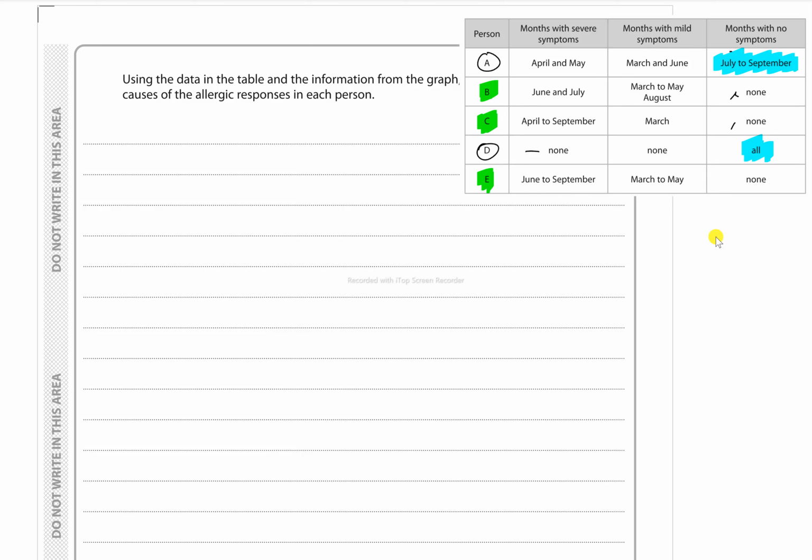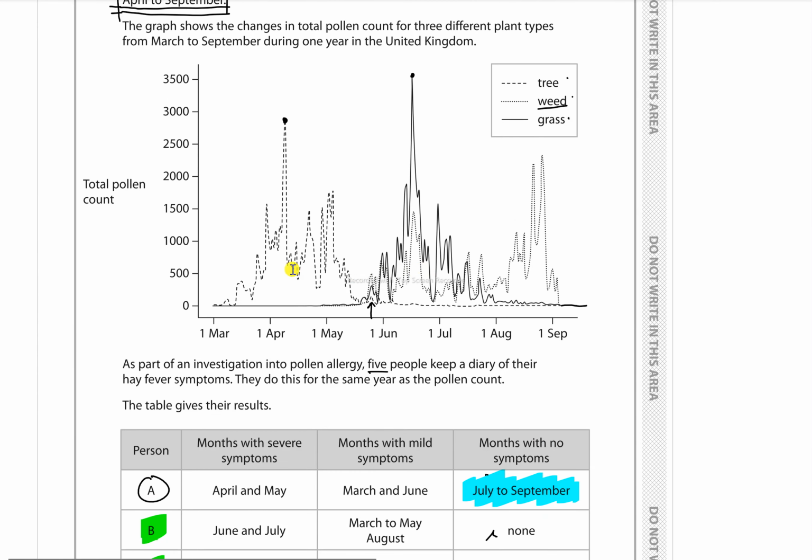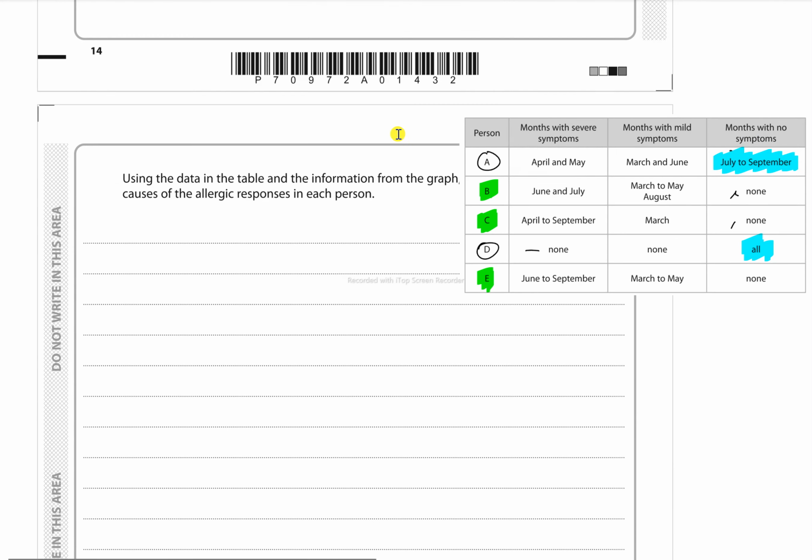Pollen number and symptom. Right, okay, we can say April. Oh, that doesn't help, does it? Right, let's get this right. This one, April to May, is 3. Okay, April to May, so let me write this down. April to May is 3.